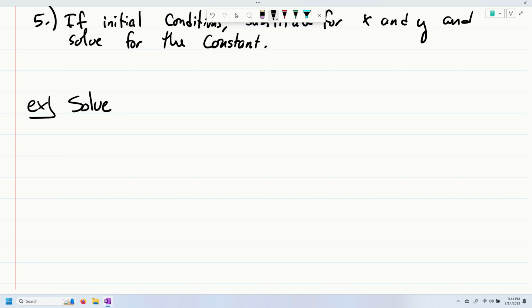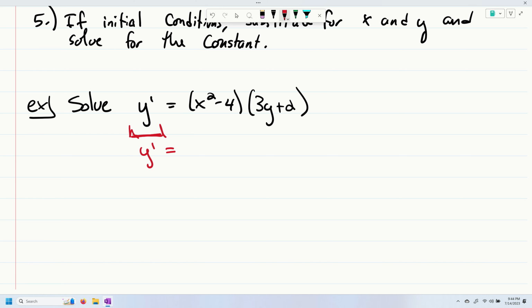We're going to go ahead and solve y prime, which equals x squared minus 4 times 3y plus 2. Like I said, first thing, does this meet the criteria that it's separable? Well, you've got y prime on the left. On the right-hand side, you have f of x times g of y.